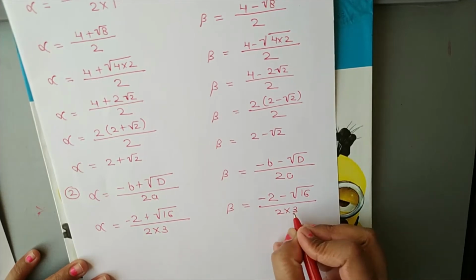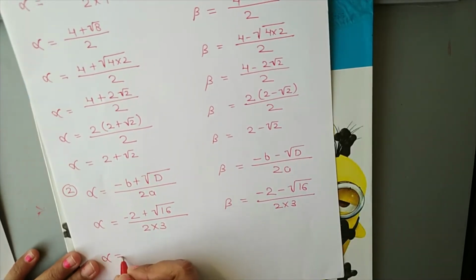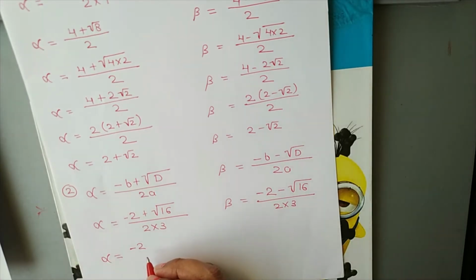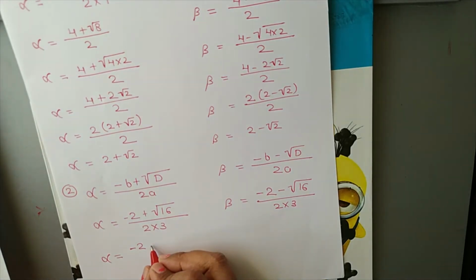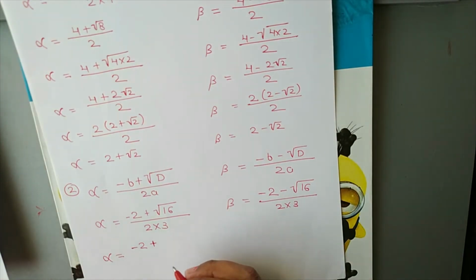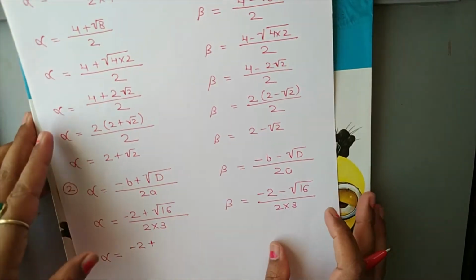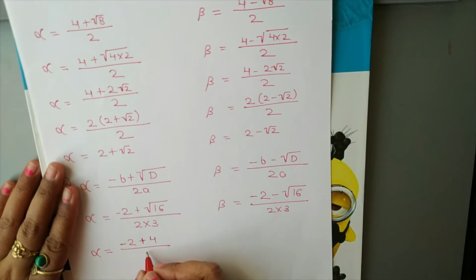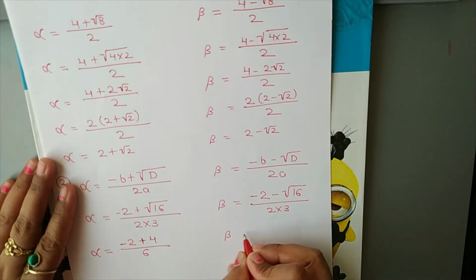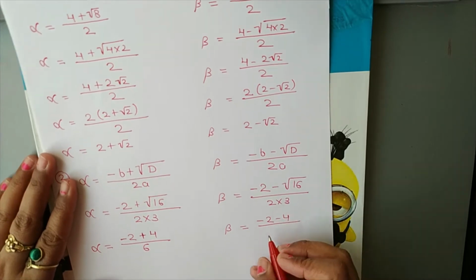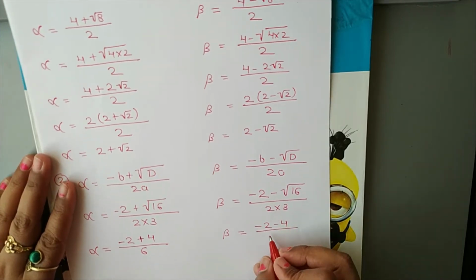So alpha is equal to minus 2 plus under root 16, that is 4, divided by 6, or beta is equal to minus 2 minus 4, then 2 into 3 is 6.